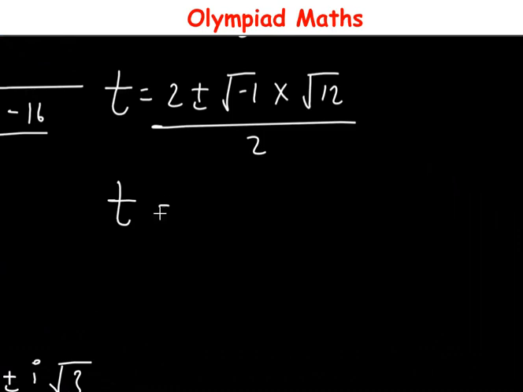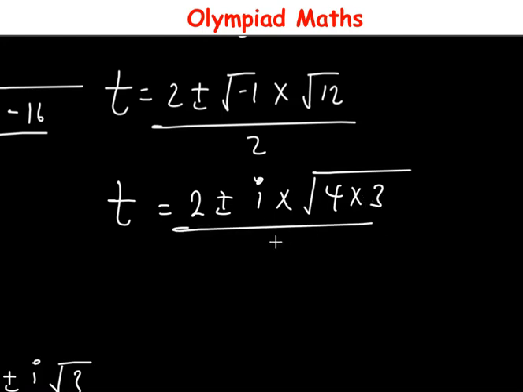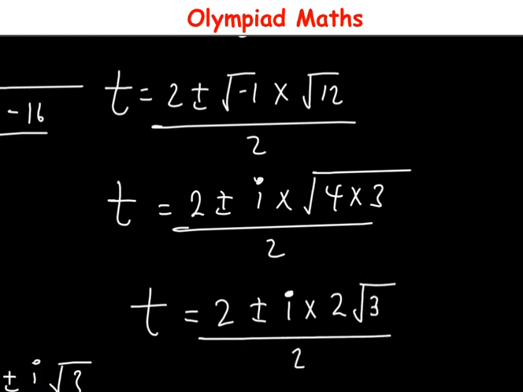Such that from here, the value of t is then equal to 2 plus or minus root minus 1 is i times, we can write root 12 as root 4 times 3, all over 2. So with this, t is then equal to 2 plus or minus i times root 4 is 2, then times root 3, all over 2.